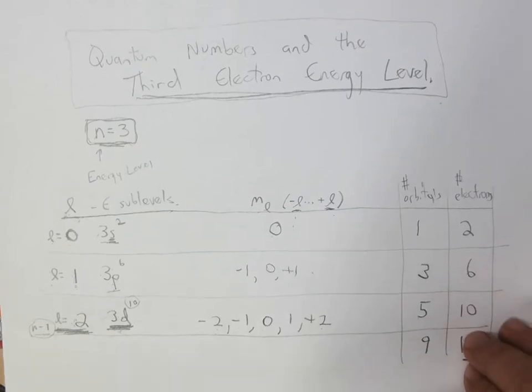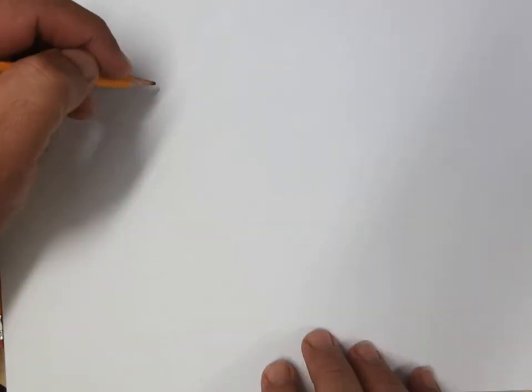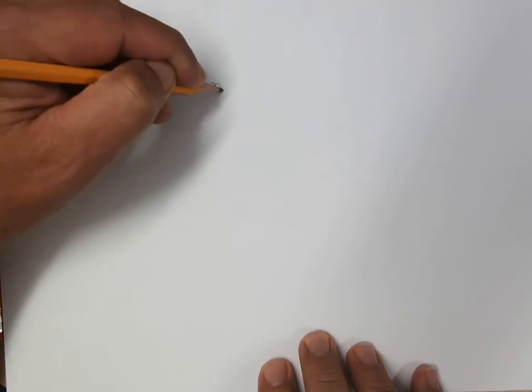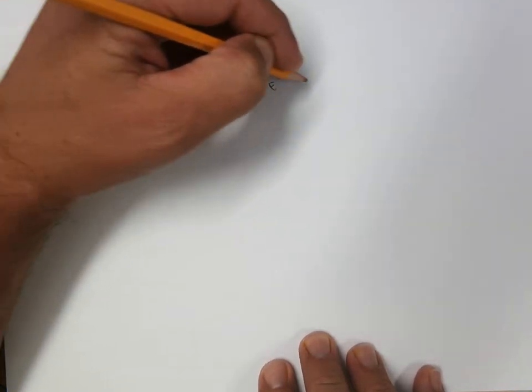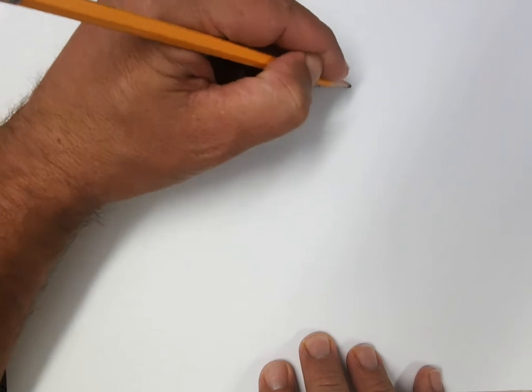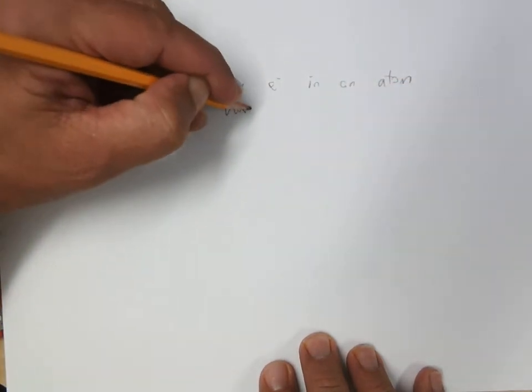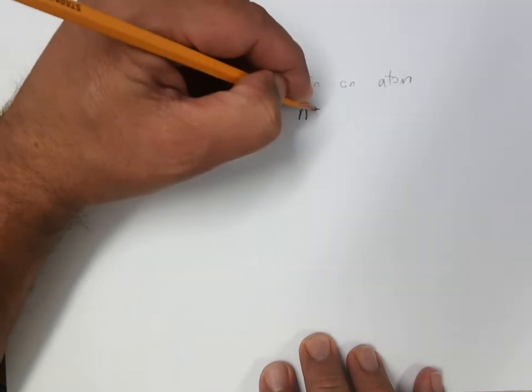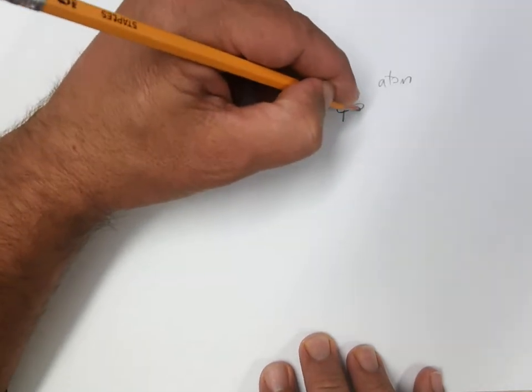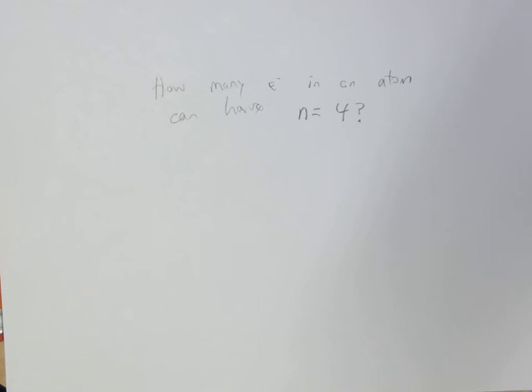Now, if you're going to ask some interesting questions, like how many electrons in an atom can have n equals 4, again, we're going to do a very quick analysis similar to what I just wrote out in its completeness.